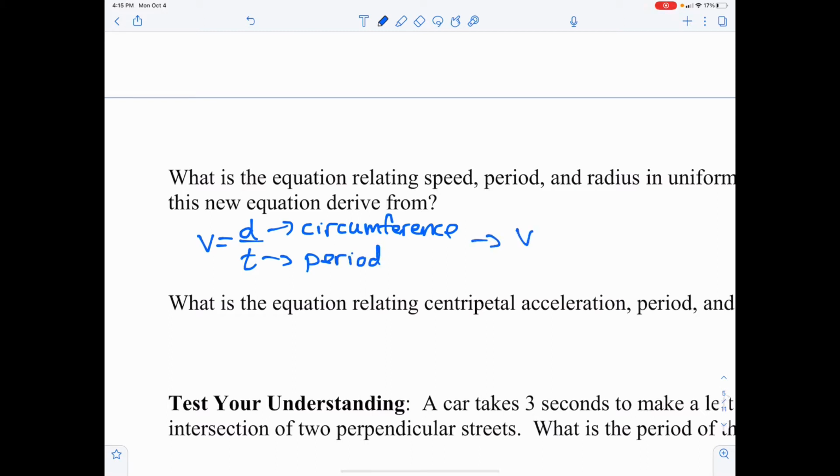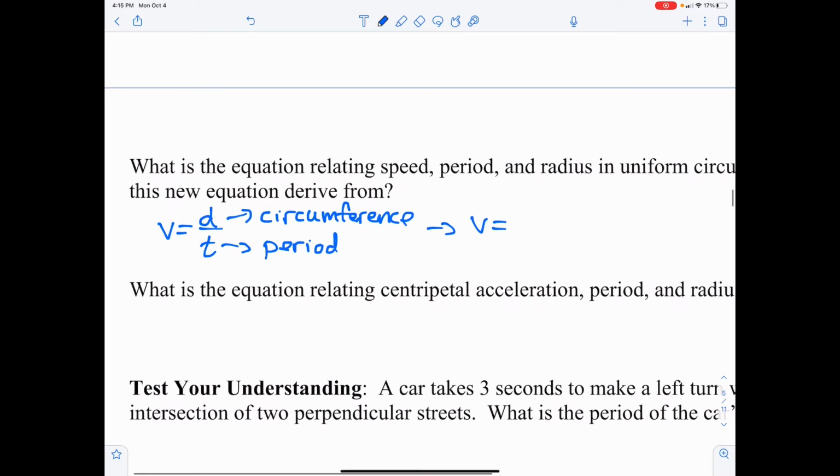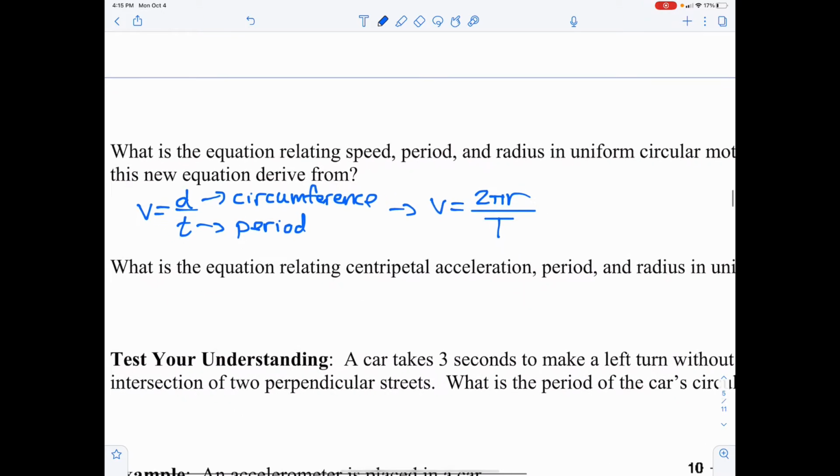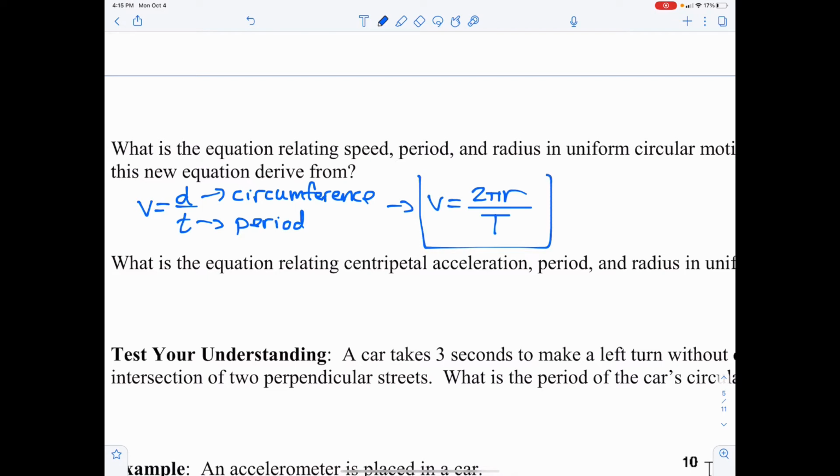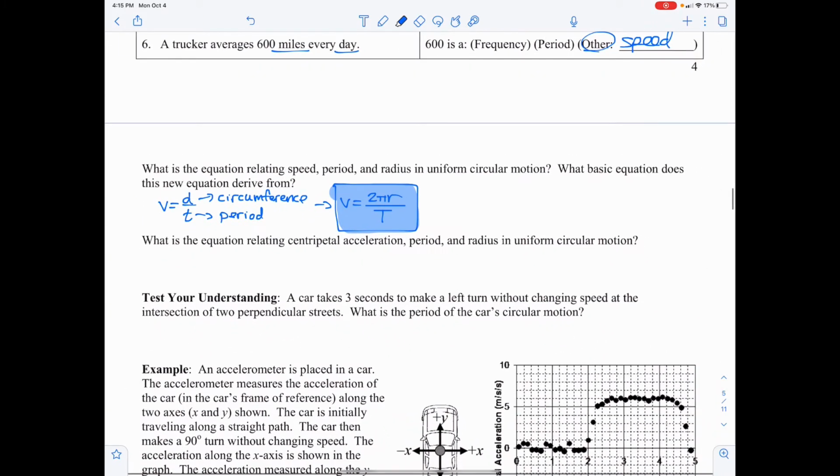So if we change this up, we would replace d with 2 times pi times the radius, because that's how you calculate circumference, divided by T. V equals 2 pi r divided by T.